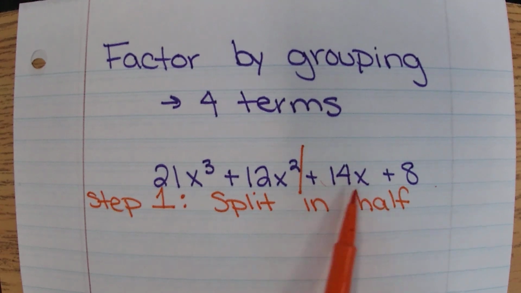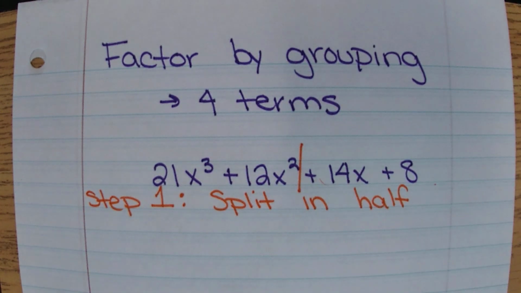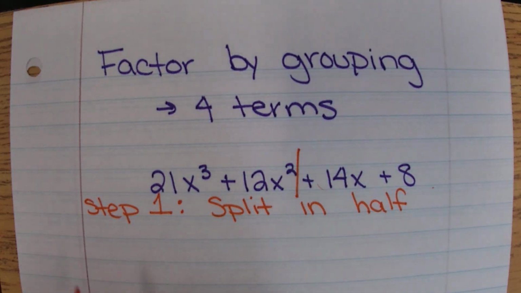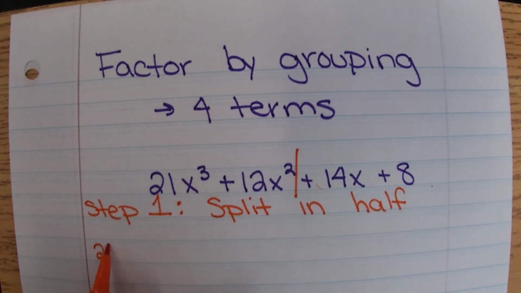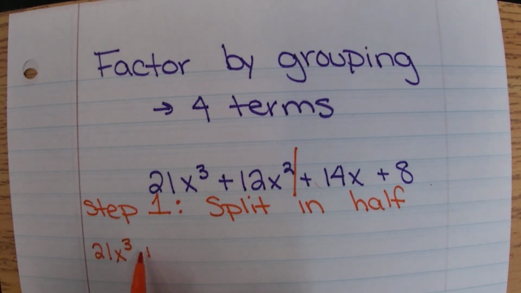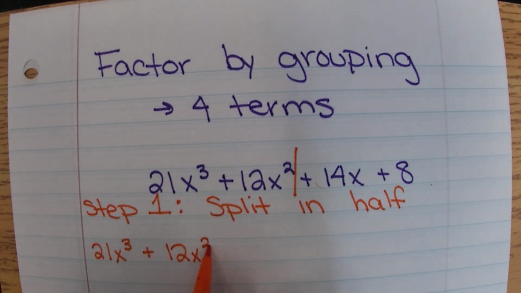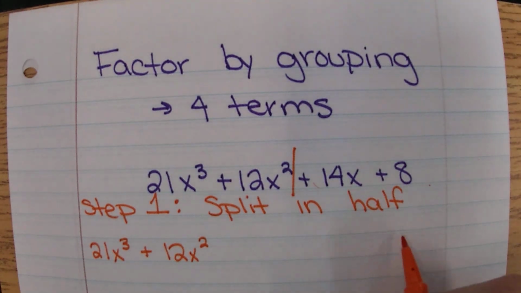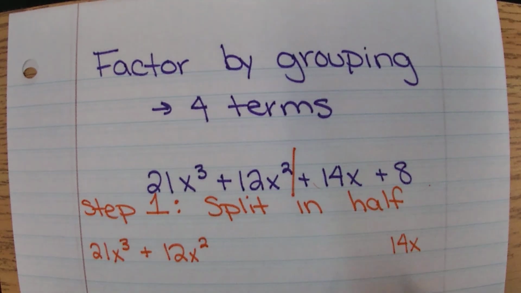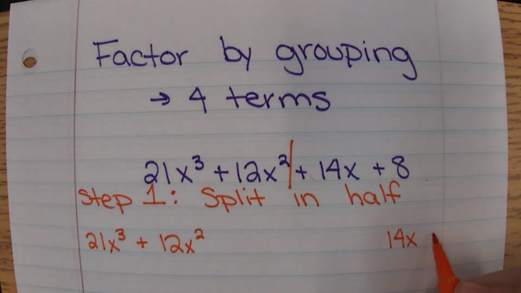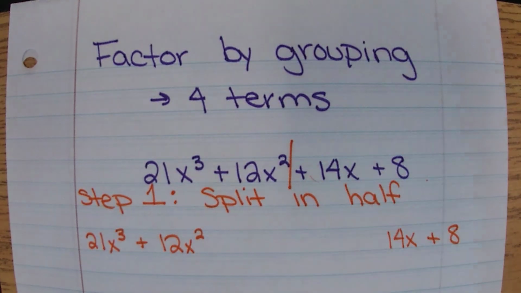Because this addition sign is telling us if that's positive or negative. So now we're going to have 21x to the third plus 12x squared and positive 14x, but I don't need to write down the positive, right? Plus 8. So now I sort of have 2 separate problems that I've split in half. That's step 1. We should all be able to do that.